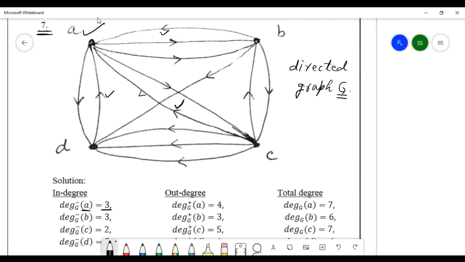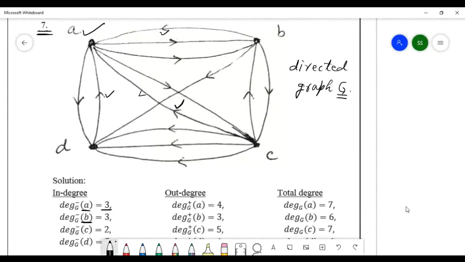Okay. Now in degree at B, at this vertex here. How many edges are coming? This one coming, 2, and this one coming towards B, 3.